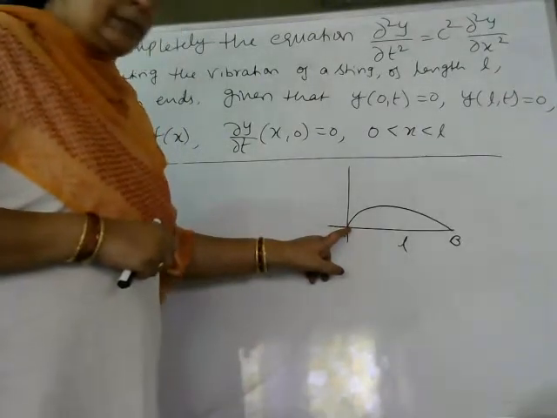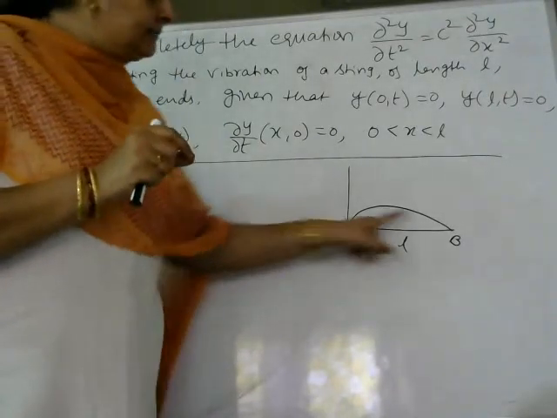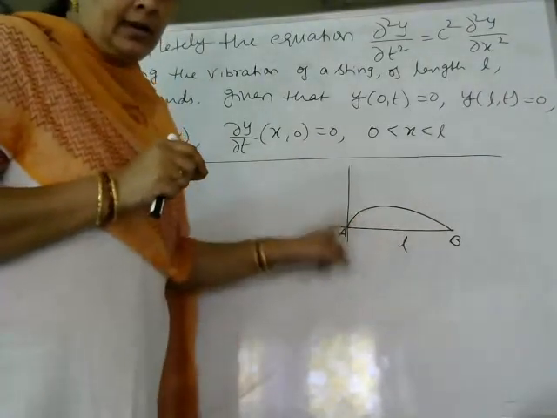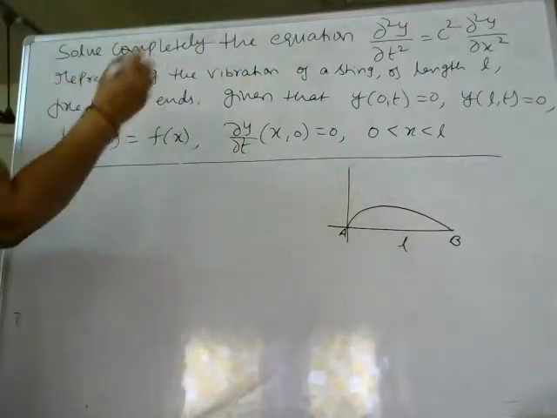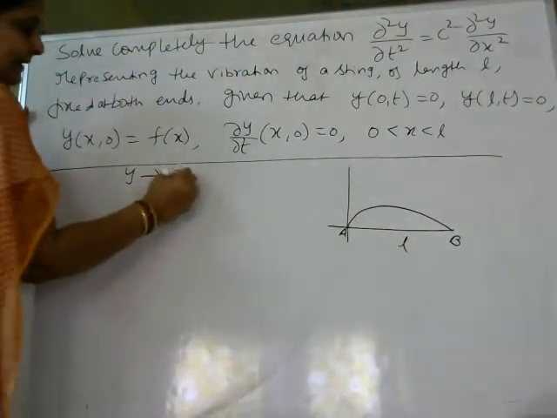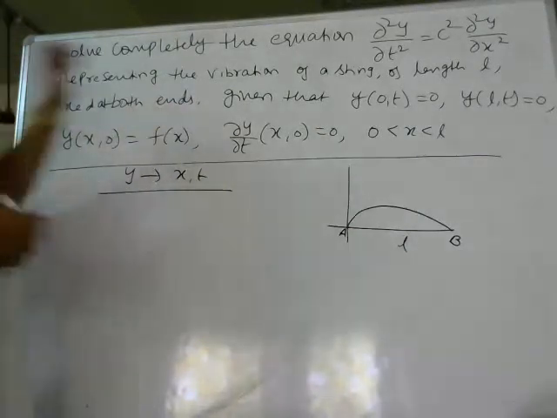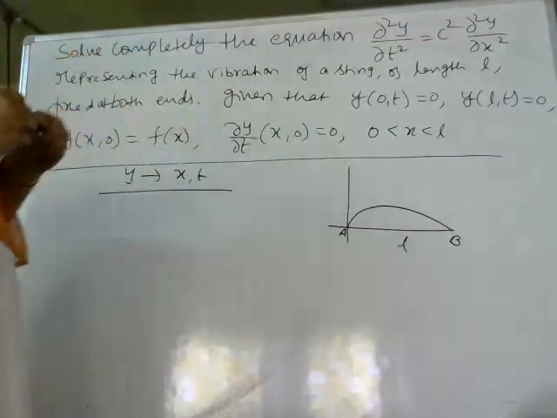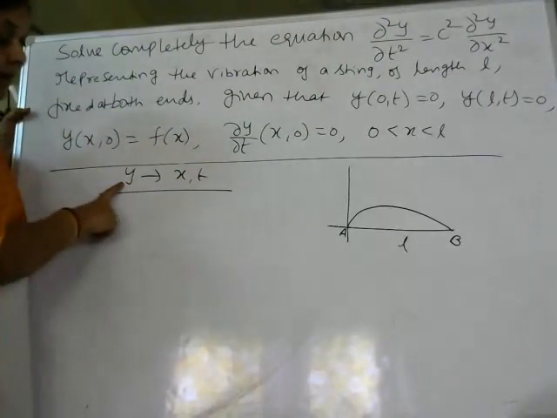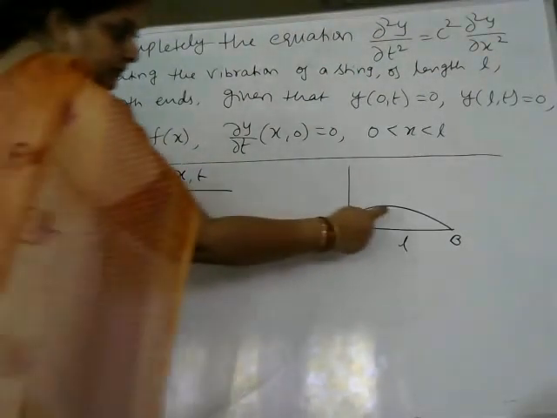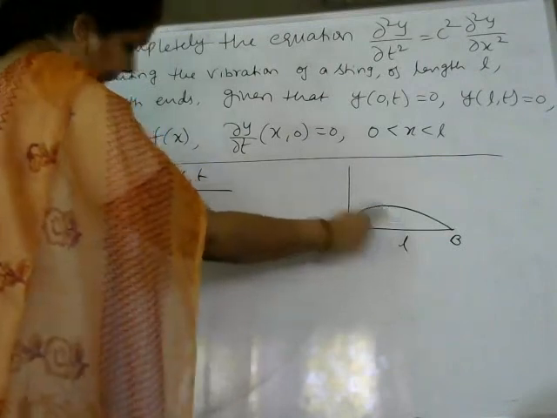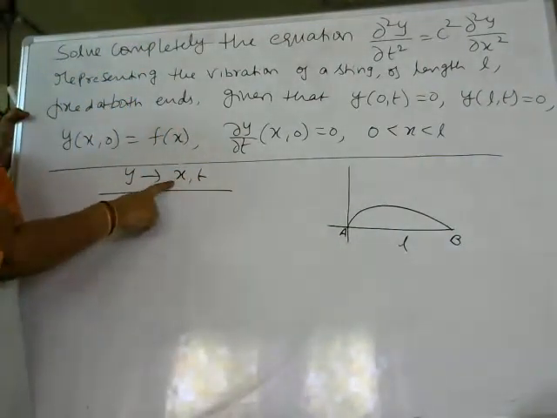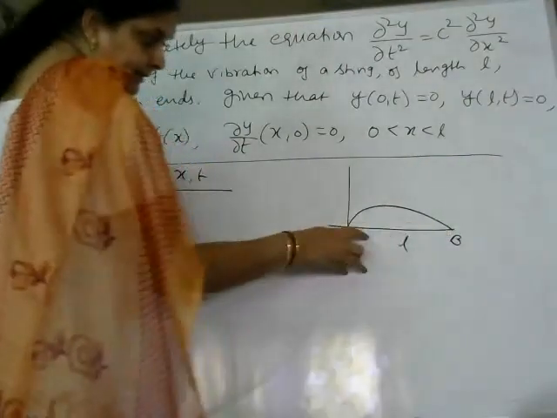There is no displacement for the string at this point. That is the meaning. See here that we are writing y as a function of x and t. I will just tell you what the terms we are using here are. Y represents the displacement of the string, this length. X represents the length of the string, this is the length.